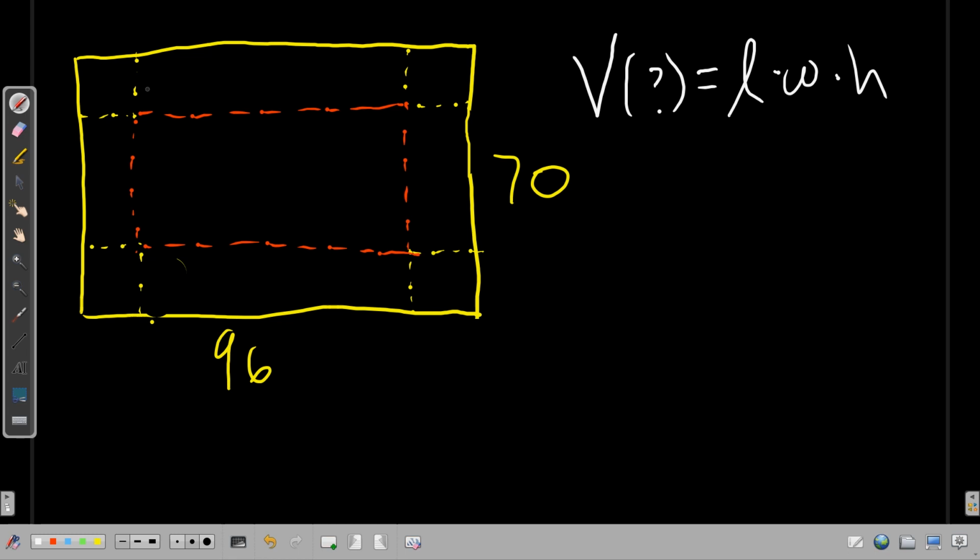Let's call the size of the squares, let's just say each of the side lengths of the squares is x. They're squares after all, so the side lengths are the same, and we don't know what they're going to be yet, so we'll call them x.